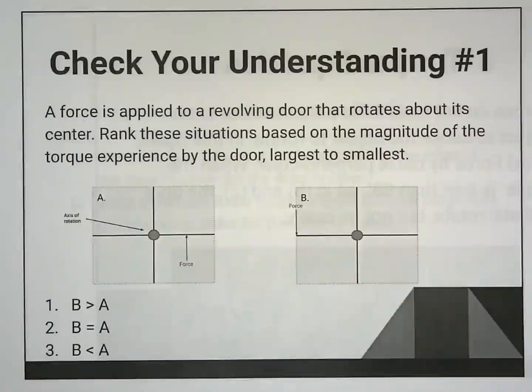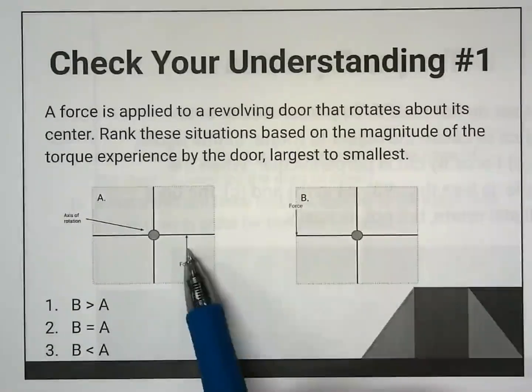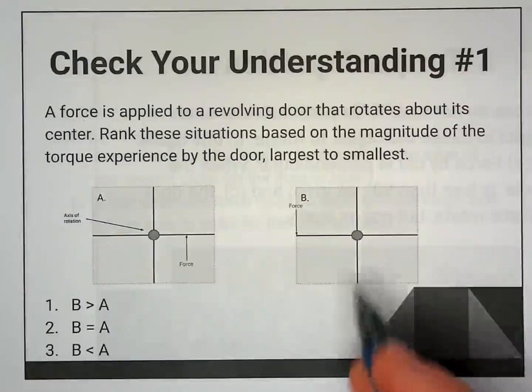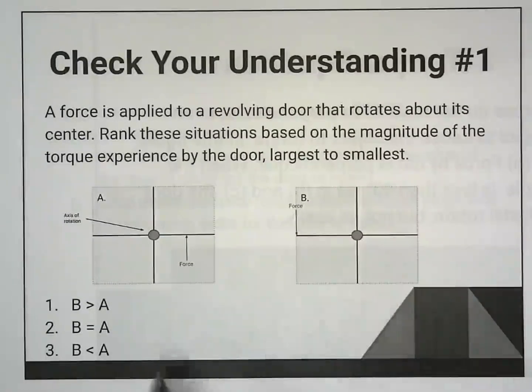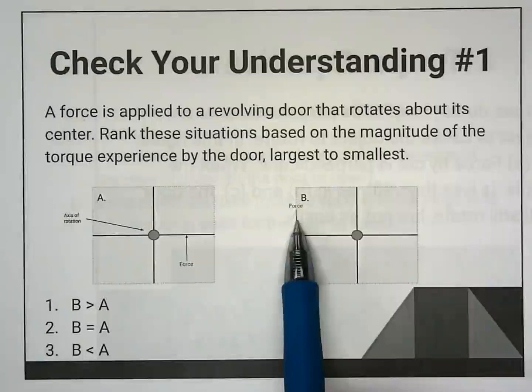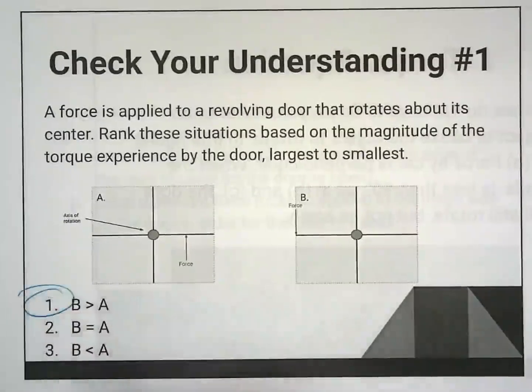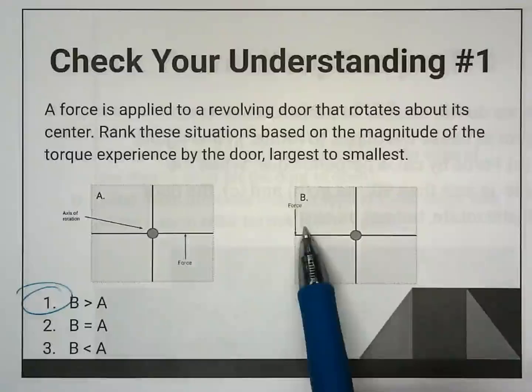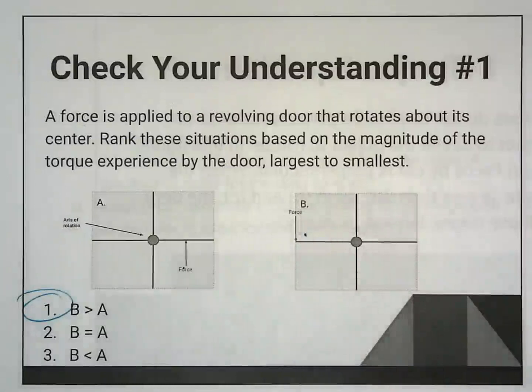So remember, when it comes to torque, generally speaking, the further we are away from the axis of rotation, and also when we have a perpendicular force being applied, the greater the torque that will be put onto whatever object we're trying to rotate. So in this case, because on B our force is all the way out as far as it can possibly go, we're going to say number 1 here, that the torque that the individual will be putting on B will be greater than the torque experienced at A.